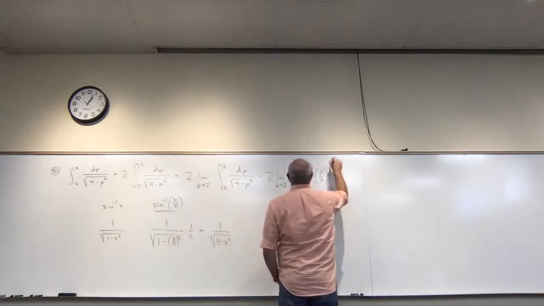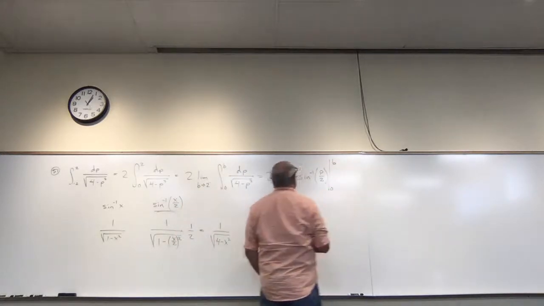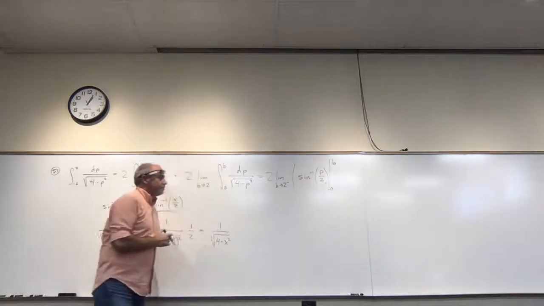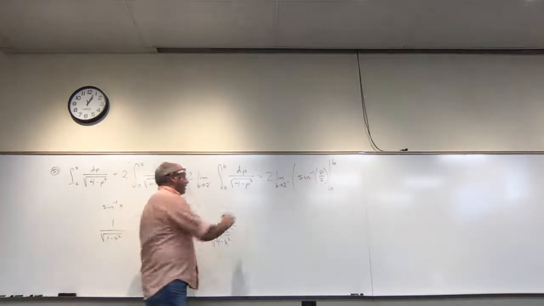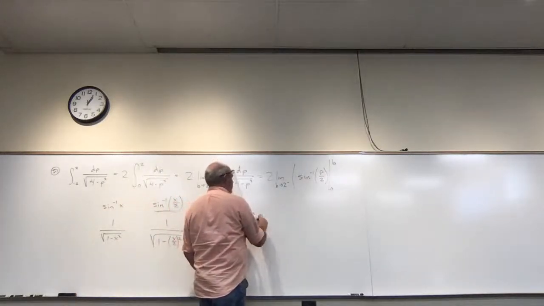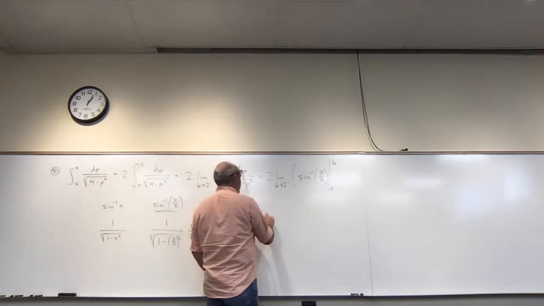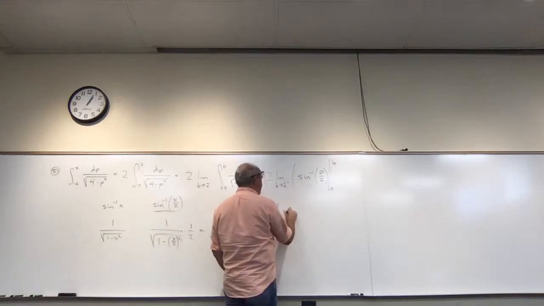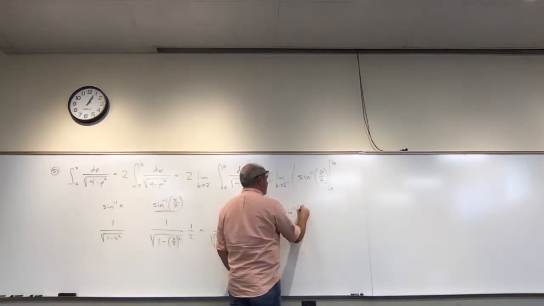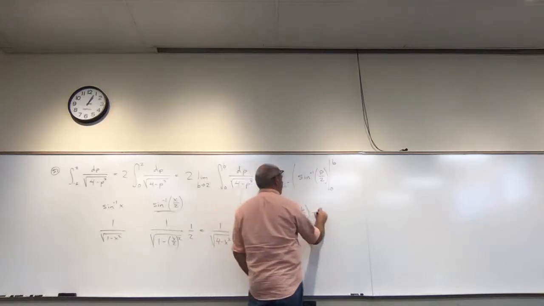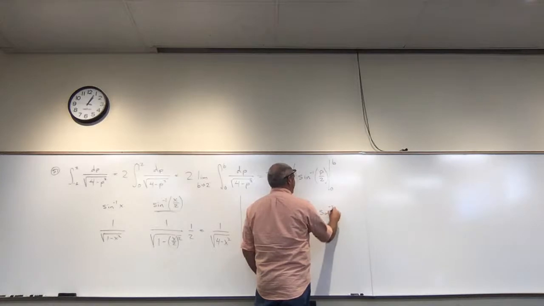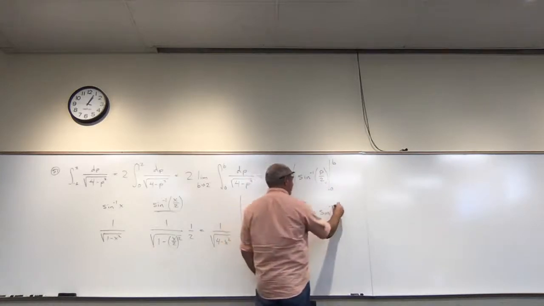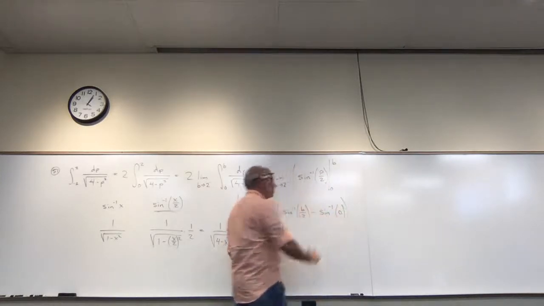From 0 to b. Correct? Okay, now we can plug it in. We get 2 times the limit as b goes to 2 from the left of sine inverse of b over 2, minus, if I plug in 0, sine inverse of 0 over 2, which is 0.